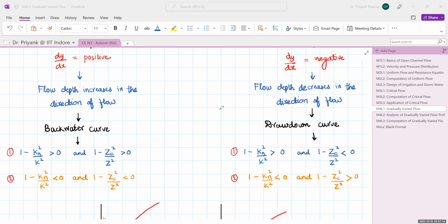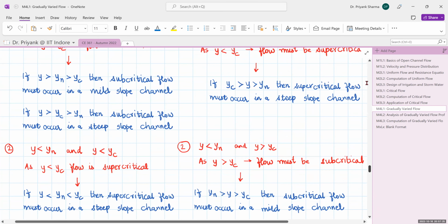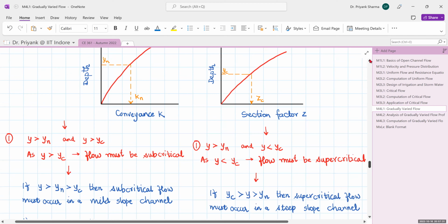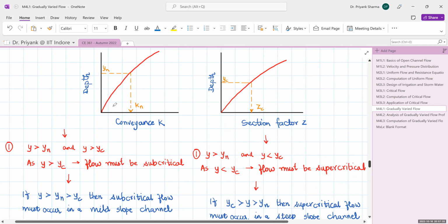As I mentioned, two conditions, the numerator and denominator. Based on that, we can get the variations in dy by dx. I also talked about the variation of dy by dx with respect to your conveyance and section factor, so we can see that they are monotonically increasing and decreasing functions with respect to depth. Let us consider the very first case. If the numerator is positive and the denominator is also positive, what does it imply?